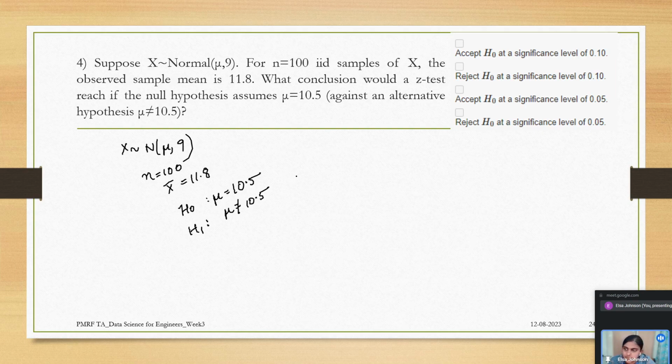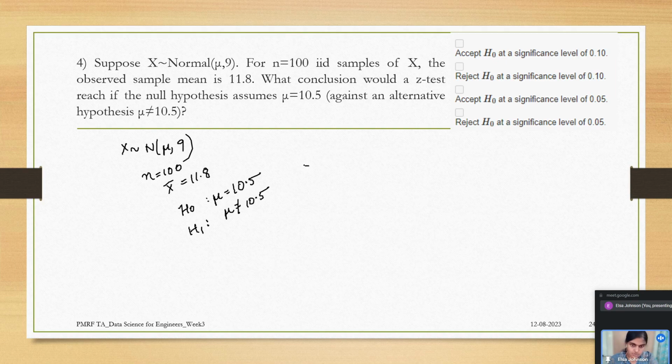So everyone check this answer, how are you getting this one? How can you solve that one? The same equation only, Z score.